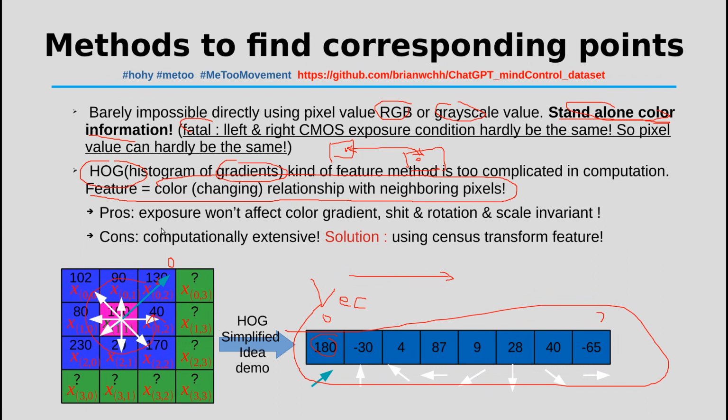Okay, and the pros and cons for this HOG is that the illumination conditions won't affect the color gradient, and it's also shift, rotation and scale invariant.